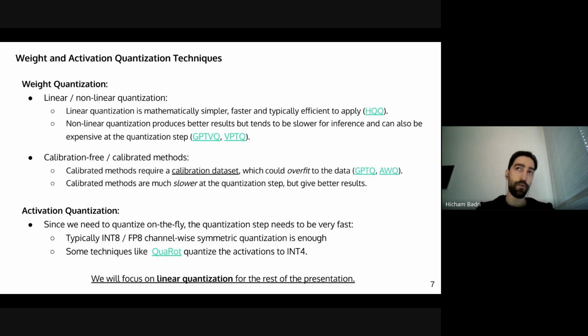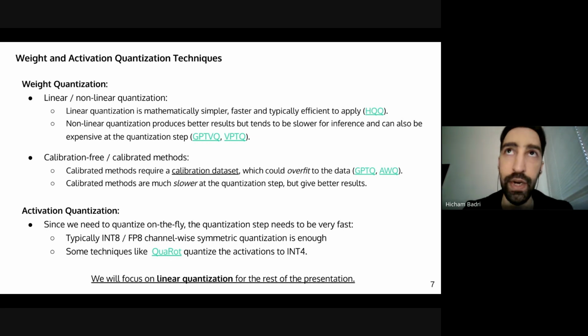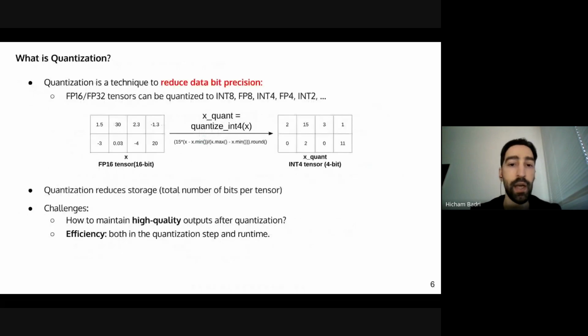For 4-bit especially, you don't need much more than that; you can really make it work with high quality. For 4-bit and 8-bit that works, but when you go to lower bits, you probably need more advanced methods. For the rest of the talk, we are going to focus only on linear quantization, because it's the simplest and the most used way of doing quantization.